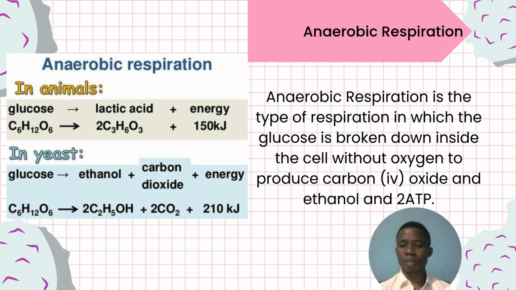In animals, glucose is broken down to produce lactic acid plus energy. This is lactic acid fermentation. When animal cells, like muscle cells, don't get enough oxygen during intense exercise, they switch to this process.